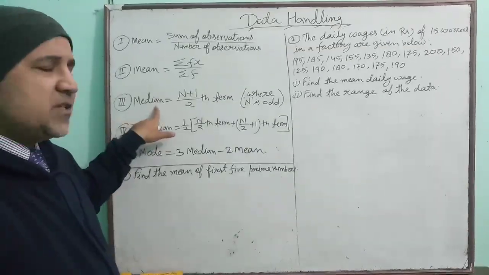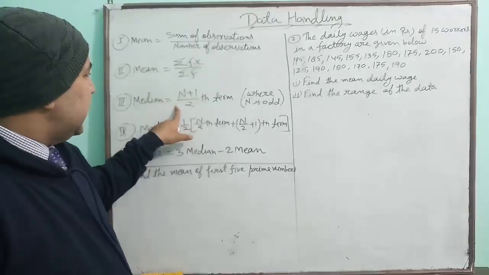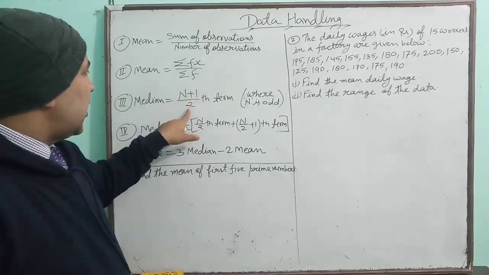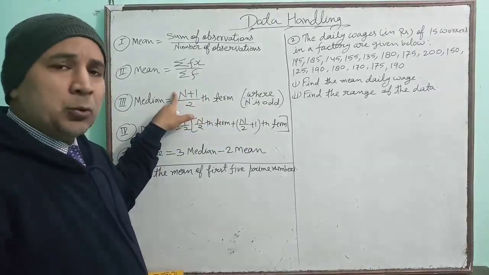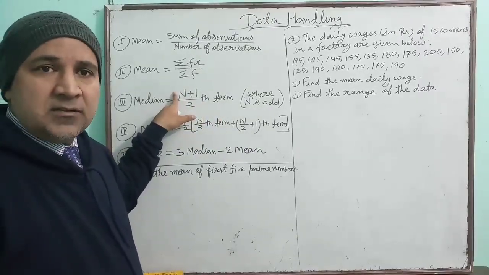The third formula is for median. Median is equal to (n plus 1) upon 2 term, where n is the total number of observations.